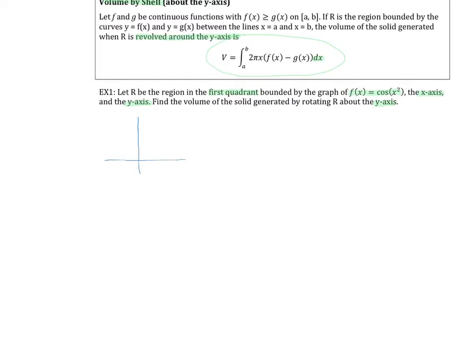So cosine of x squared starts at 1 and it comes down. So we're going to take this region here and we're going to rotate it about the y-axis. And then we'll be creating our volume.